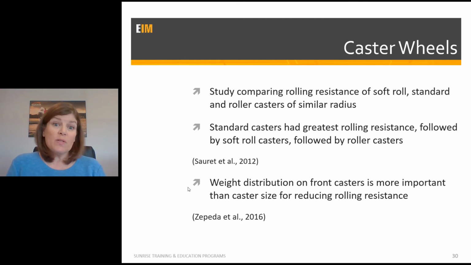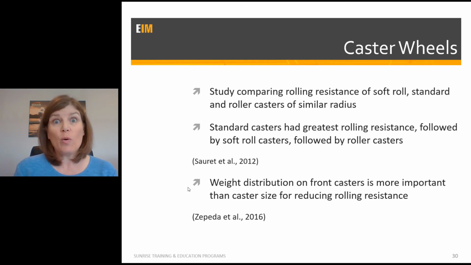And what they found was that what made the biggest, most significant effect on rolling resistance was not the size of the caster, but the weight distribution between the front caster and the rear wheel. So whenever you got to more than 30% of the loading going through the front caster, that's when the size really didn't have a significant effect. So it was that weight distribution that had more impact for reducing rolling resistance.